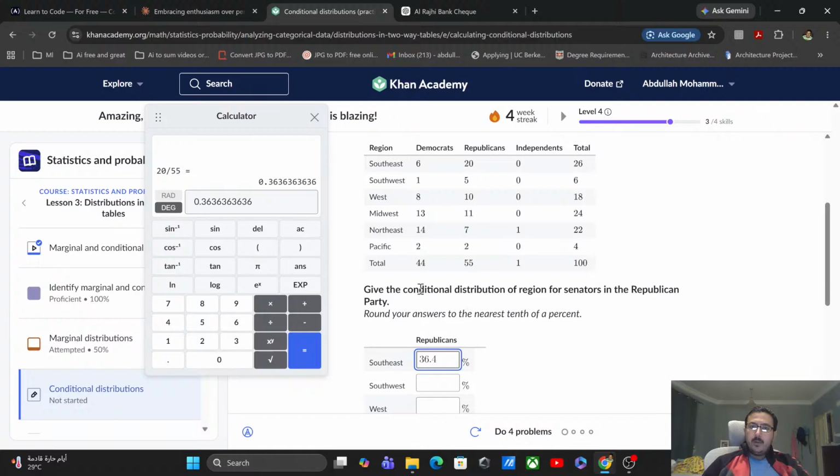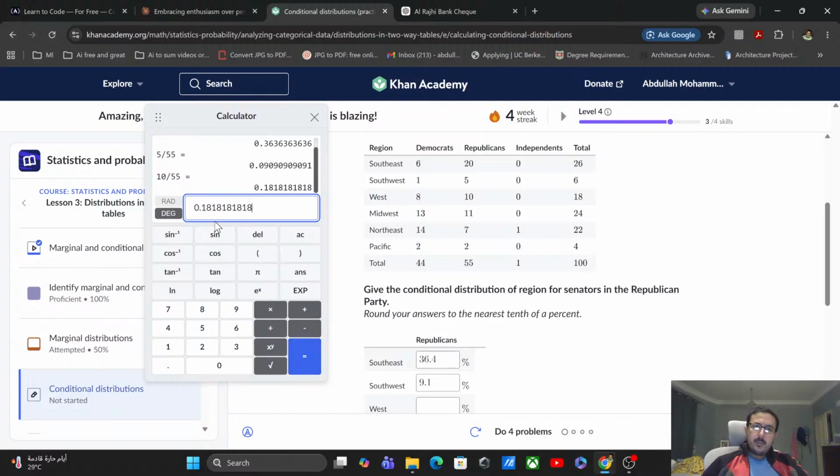Southwest 5 out of 55. 9.1. And then we got West 10 over 55. That's 18.2.